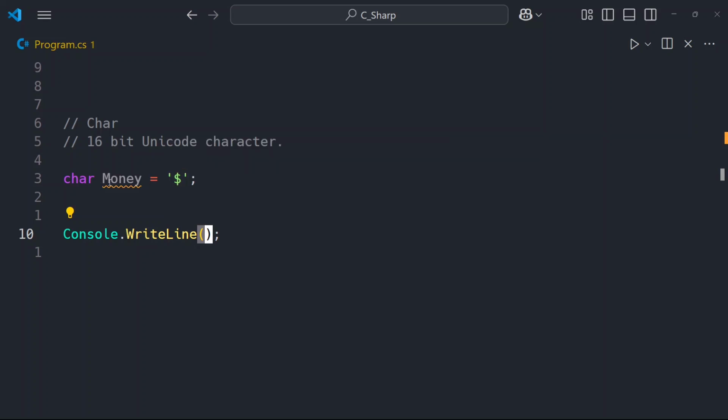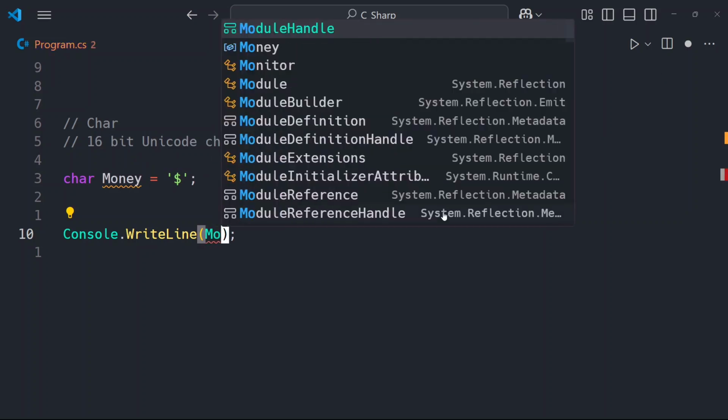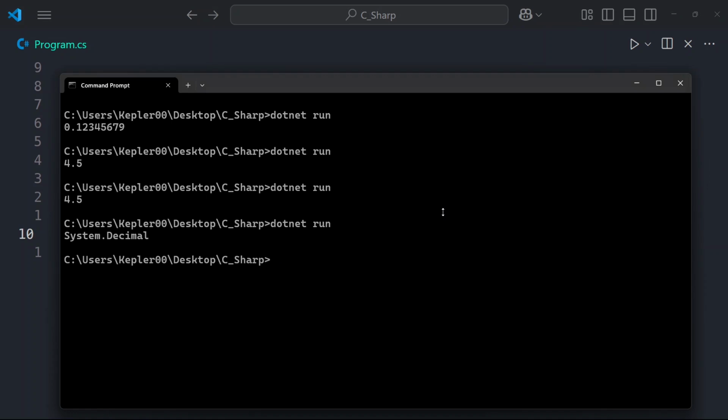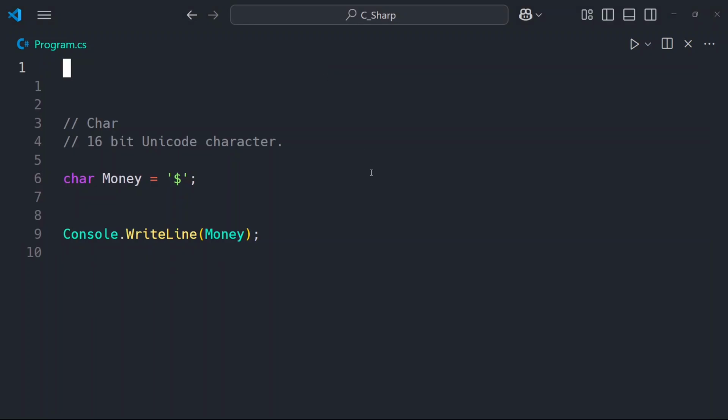If I put money down here and I run it, with dotnet run, you see we have the dollar sign.